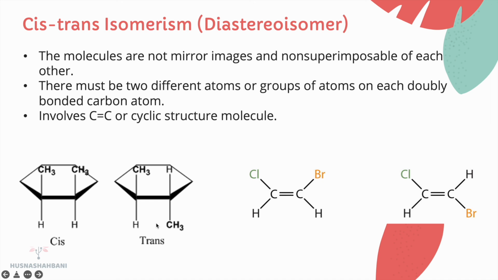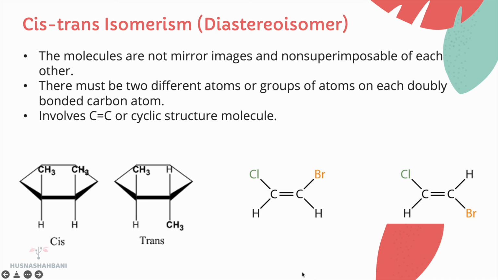This is for a cyclic structure. You can look at the top and the bottom. For a carbon-carbon double bond, okay, carbon-carbon double bond, look at the carbon attached to two different atoms. So this carbon is attached to two different atoms, one Br, one H. And then they are halogens and these two are on the same side.